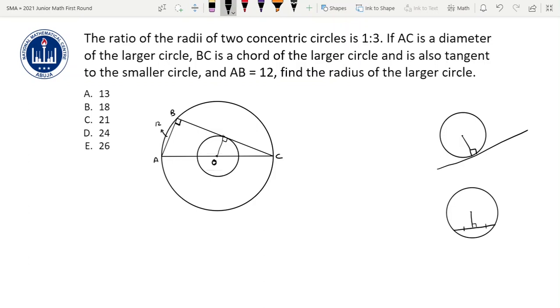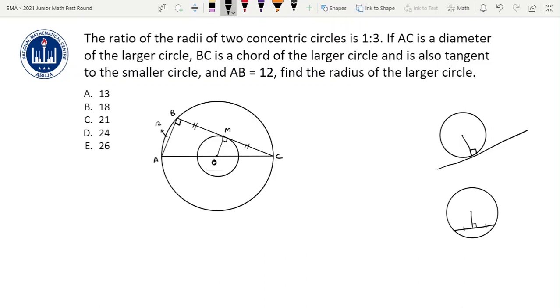We have a perpendicular line from point O to the line BC, which is a chord of the bigger circle. So these two lengths are going to be equal. I'll call the point of tangency here M. So we have BM equal to MC.